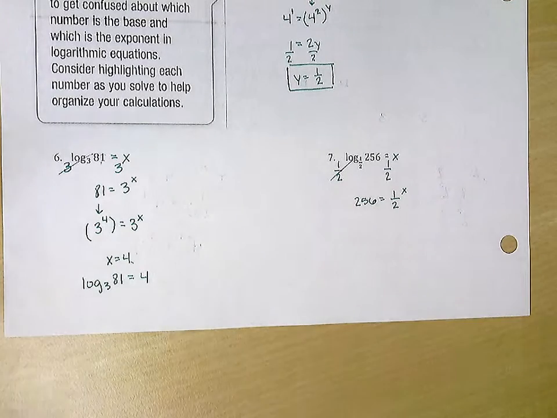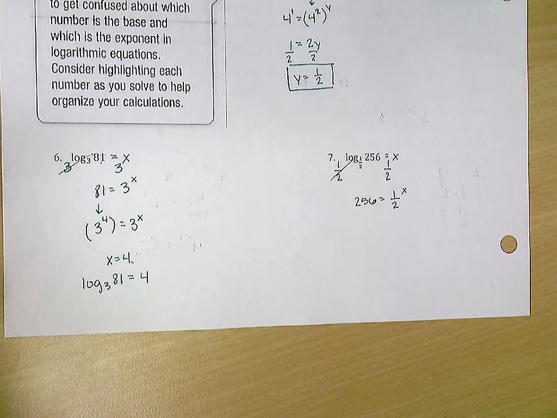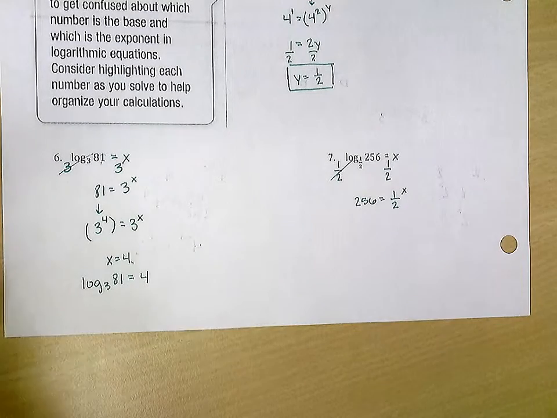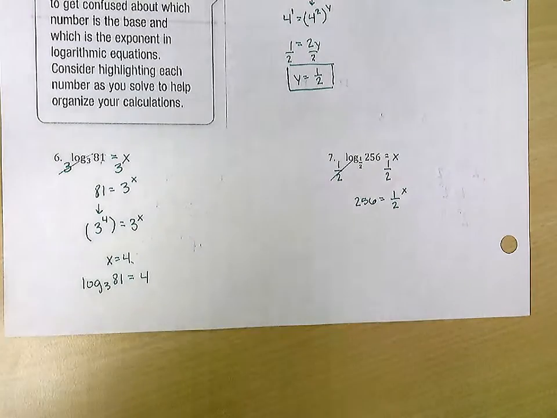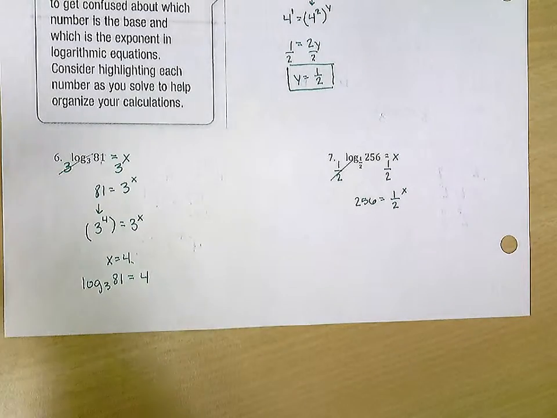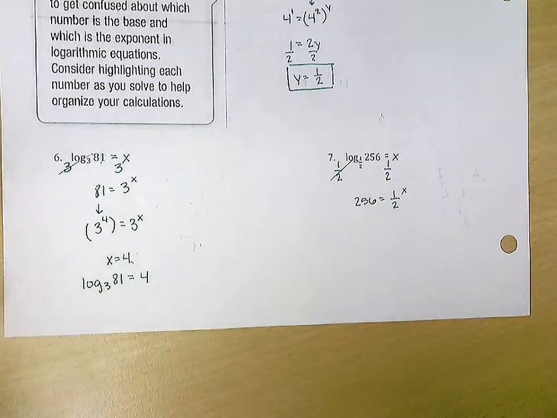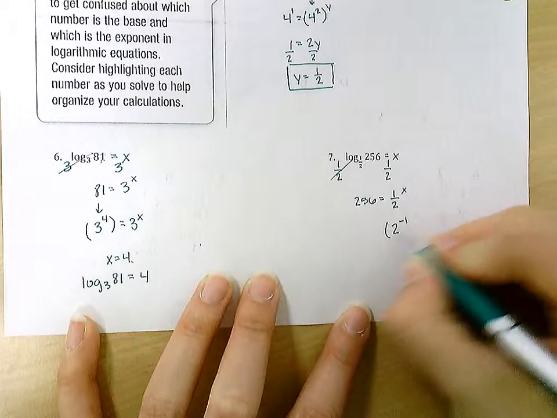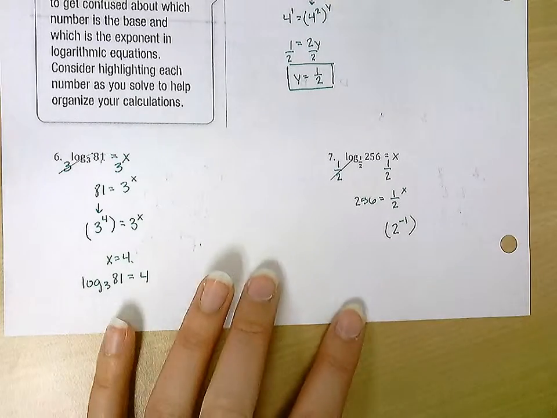You want to change it to a whole number with what type of exponent? A negative exponent. Okay, negative exponents flip it to the denominator. So what would your base be? 2. Okay, 2 to the negative first power is 1/2.